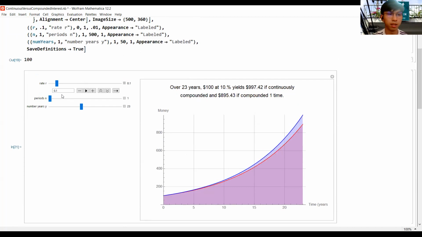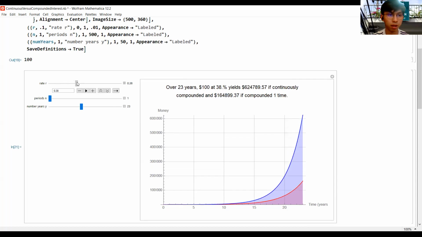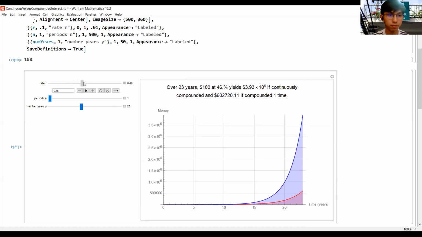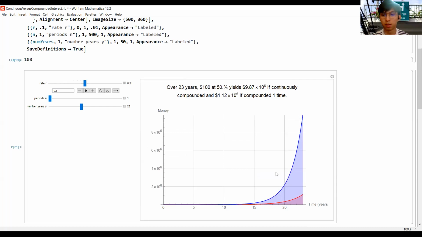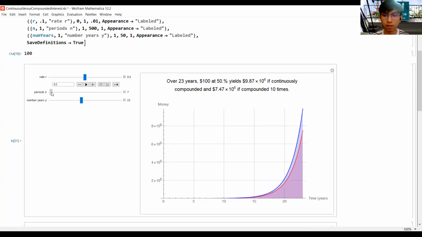Okay, let's see it more clearly if we increase the rate to 50%. You see it's more different than at 10%, but you can increase the period n, and you see the graph comes closer to the blue graph, which is continuous compounding. But in real life, we cannot have a period n approaching infinity.